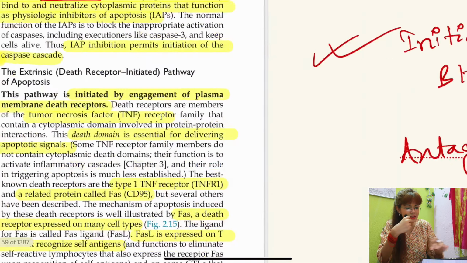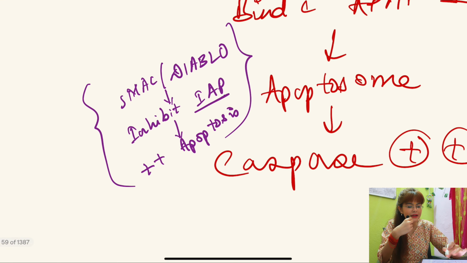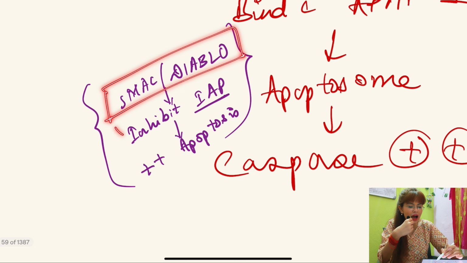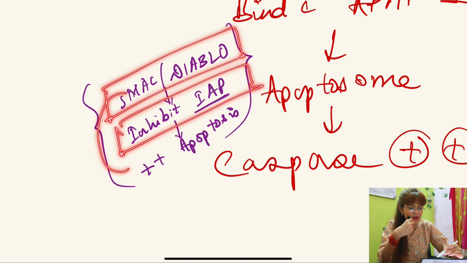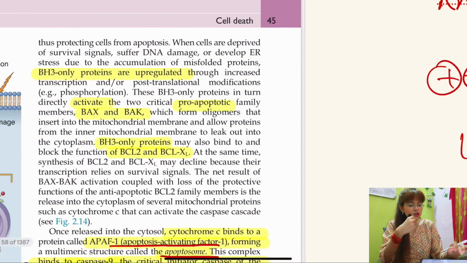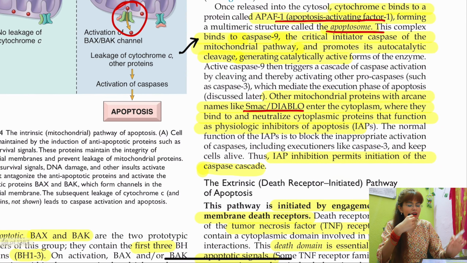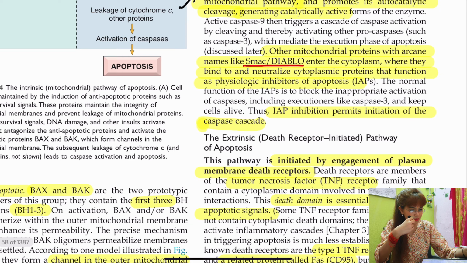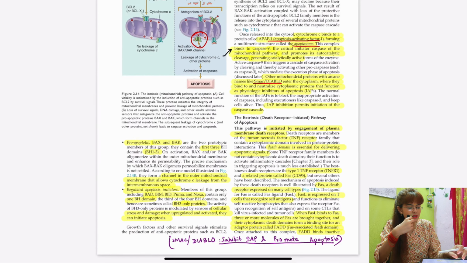So please understand that SMAC and DIABLO will inhibit the IAP, and therefore they will increase the process of apoptosis. So don't get confused. They themselves are not inhibitors of apoptosis. SMAC and DIABLO will increase the process of apoptosis. How? By inhibiting the inhibitors of apoptosis. Okay? So this is again an important question. So don't get confused over here. So this is all about it.